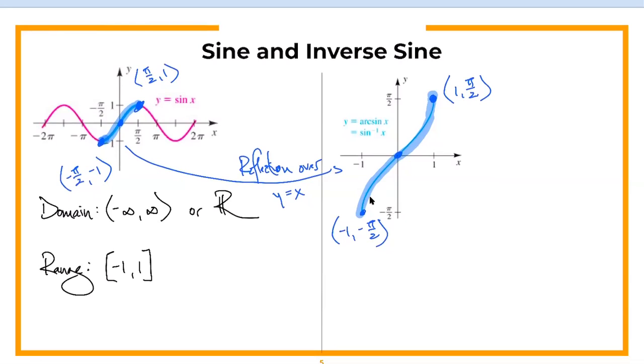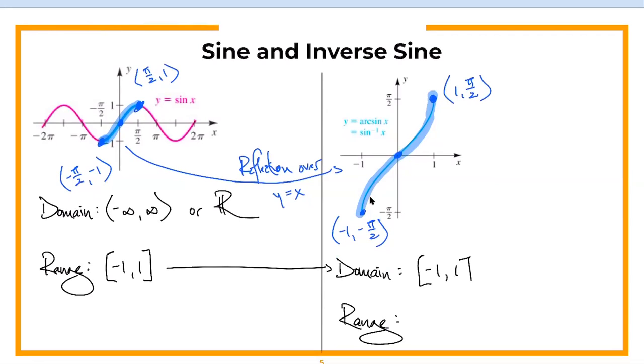Okay, so the domain and the range for inverse sine. Our domain for inverse sine is going to be pretty easy to find. All we're going to do is take the range of sine, and that becomes our domain for inverse sine.